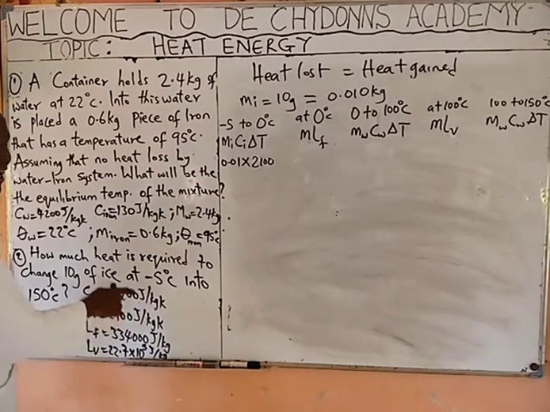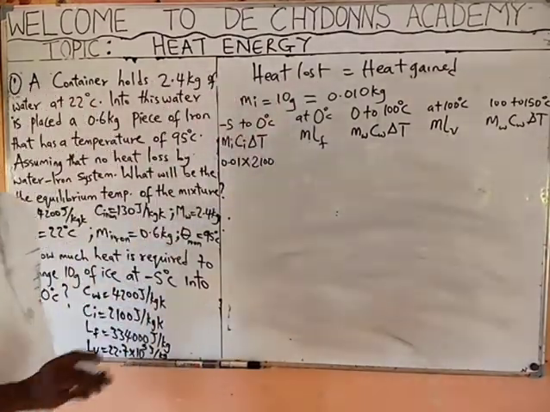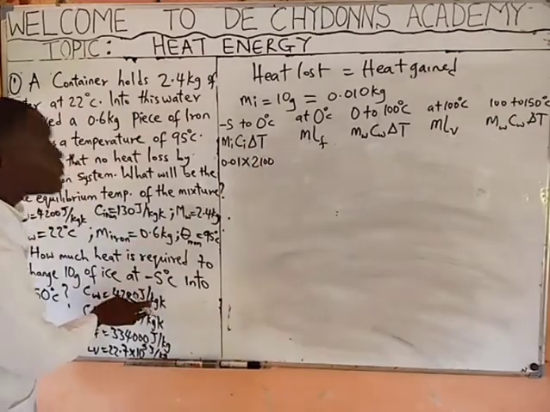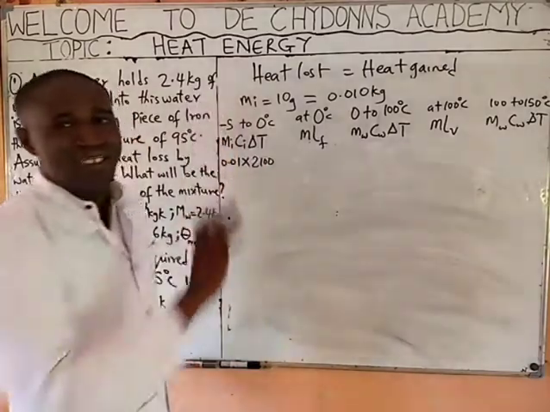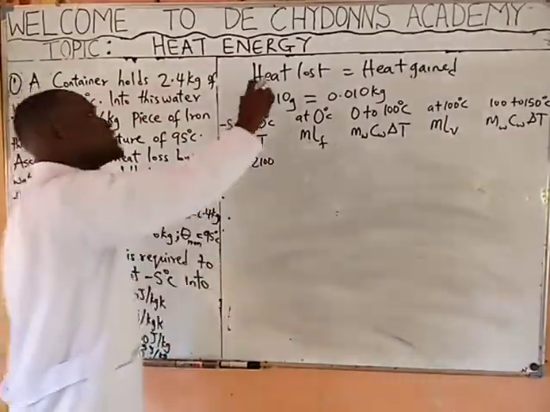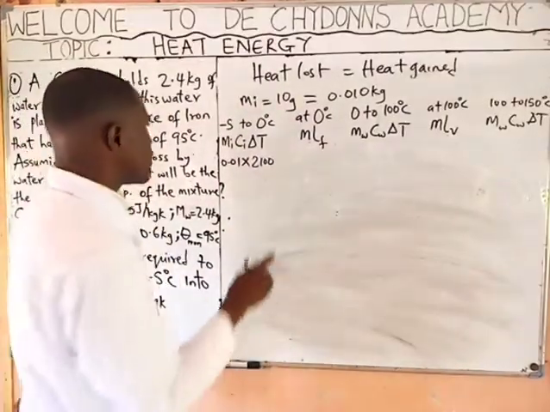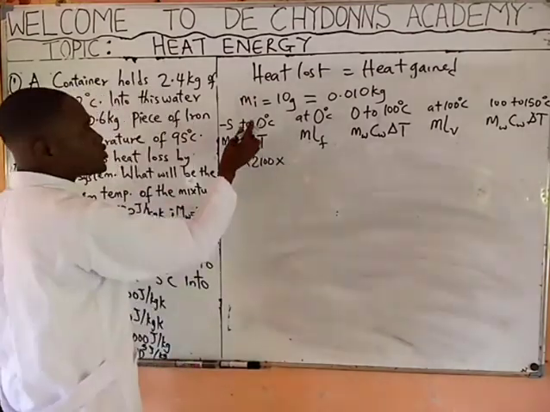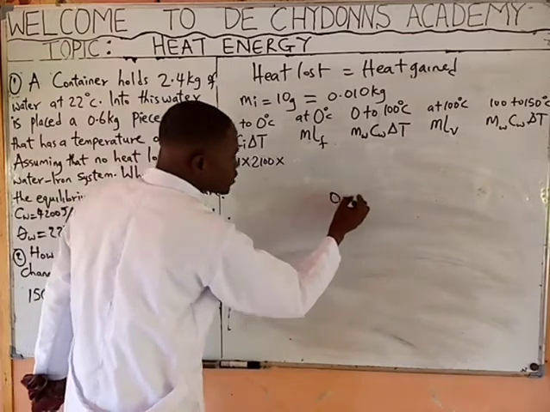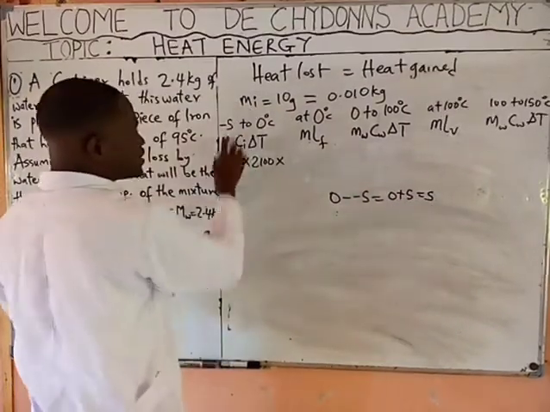Once the constant is in gram, use the mass as it is in gram. But once the constant is in kilogram, convert the mass to kilogram so that you will not get a wrong answer. Times change in temperature. Change in temperature means 0 minus minus 5, that gives 0 plus 5 equals 5. That is the change in temperature.